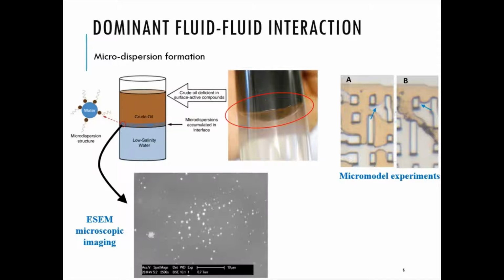This is called micro-dispersion, which is the dominant fluid-fluid interaction process happening between low salinity water and crude oils. We have taken samples from this brownish phase and analyzed them through ESEM, FTIR infrared analysis, and also Karl Fischer titration, and we identified that this is a packet of water surrounded by oil polar components in very nanoscale sizes.